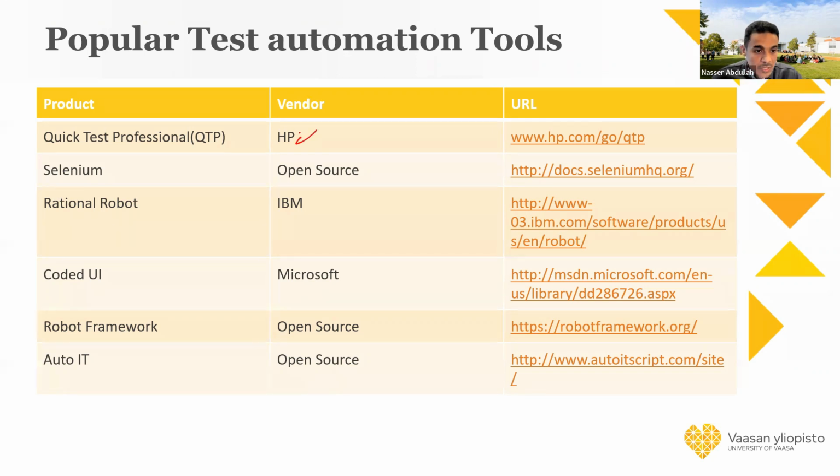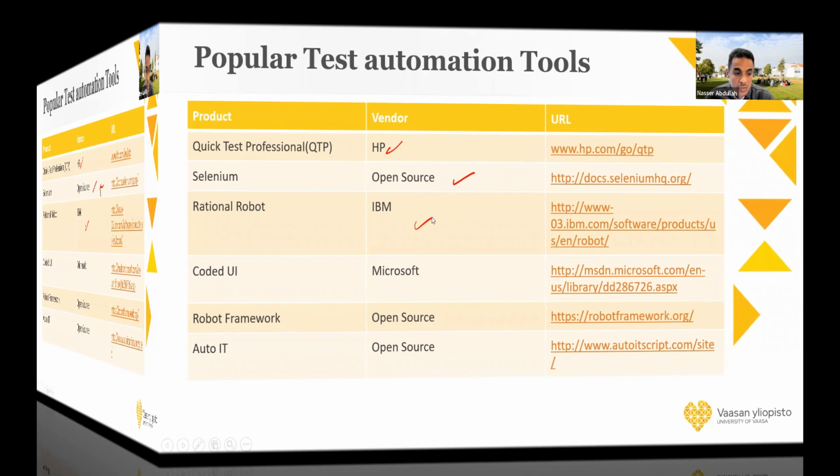One of the most popular is QTP from HP, which is very useful and easy to use. Selenium is also one we will see today. Rational Robot is from IBM. I provide you all of these, and you can use them if you want.